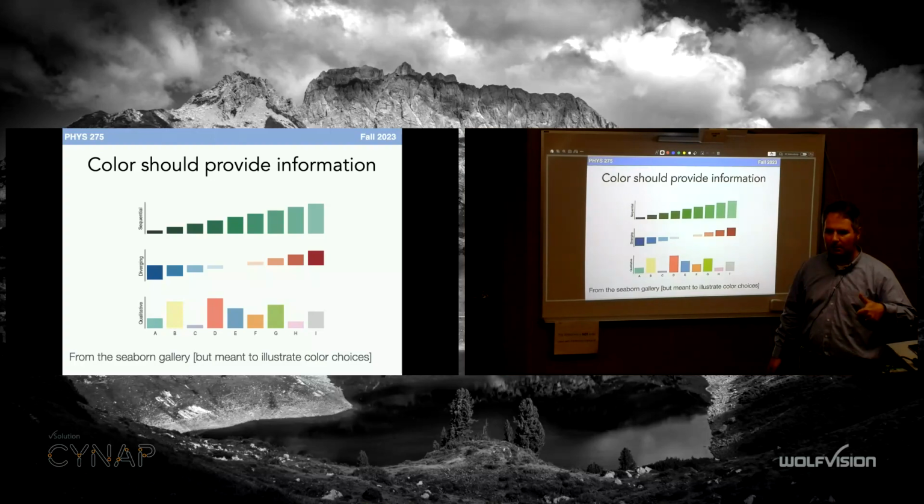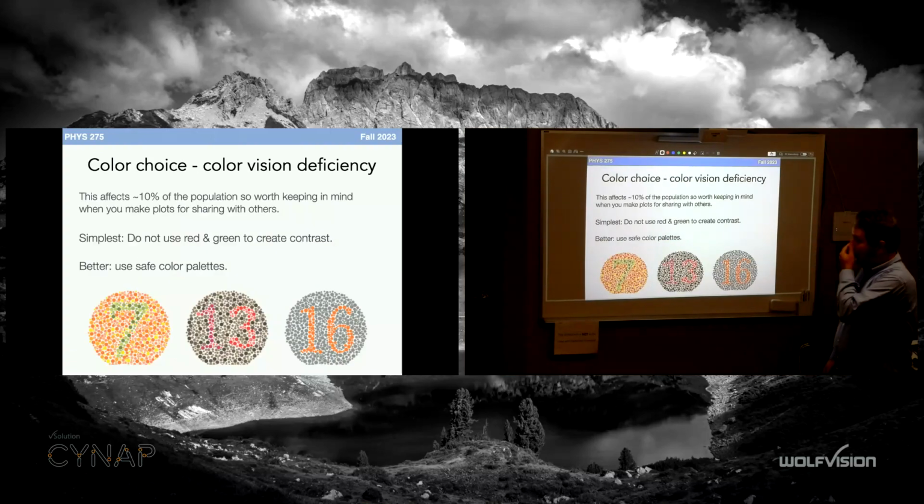Yes? Okay. Color choice is really important because you can lose 10% of your audience instantly by using the wrong two colors. Can everybody read these numbers? Yes? Can everybody read the numbers below? Have you all had this test? Surely, right?